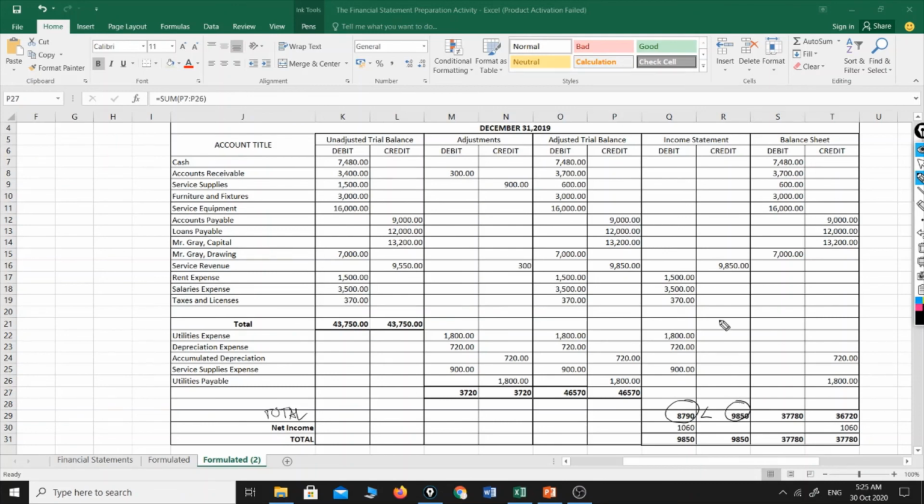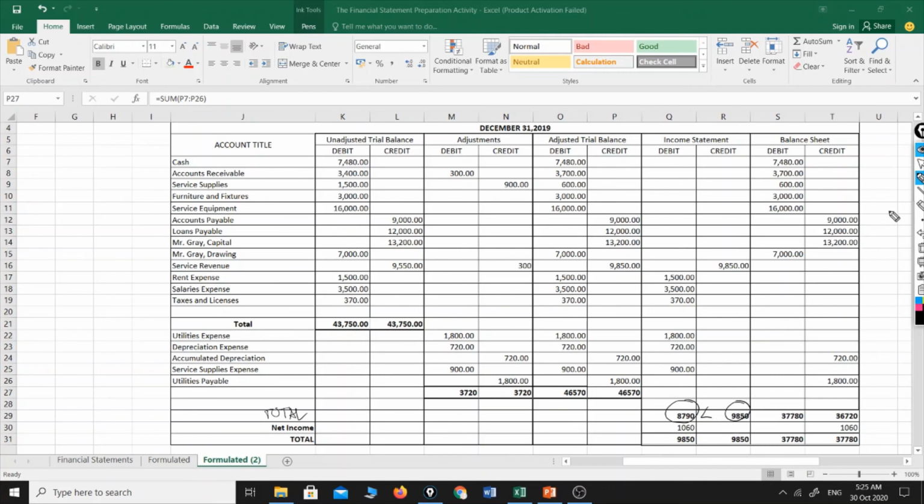But if under the income statement section, its debit column is greater than its credit column, therefore the company incurred a loss. Okay, so that's it. So just get the difference.